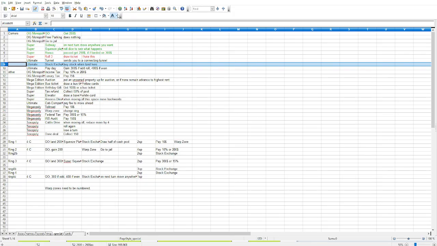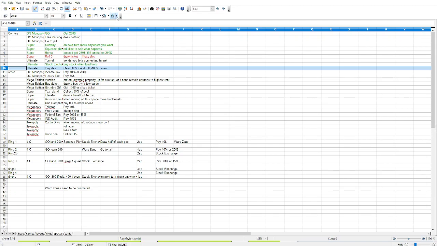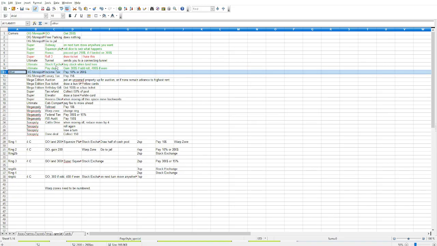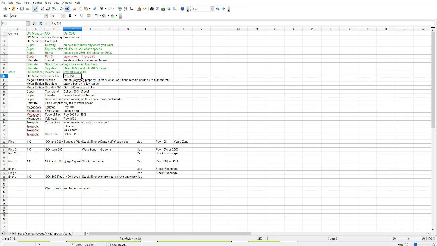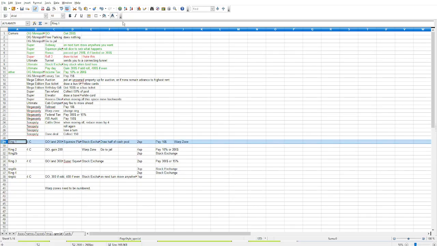Wait, wrong button. Okay, this is a go space. Already marked those off. Income tax. I did use this one already. Pay 75. Okay, I've not used luxury tax yet. The inner ring is actually currently full. Okay, I'll mark the entire inner ring in green.